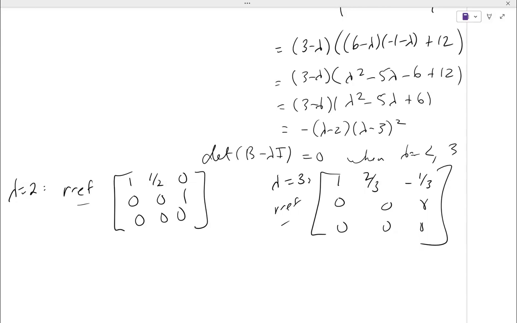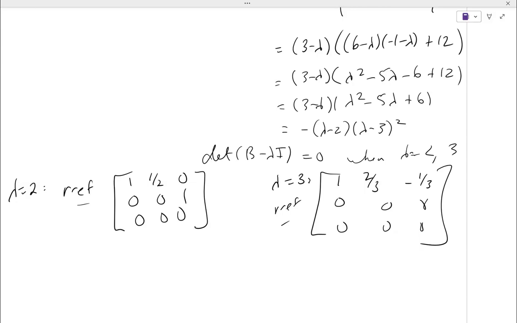All right, so let me flip back over. How many free variables do we have in the first matrix? 1. What was the power on the factor for lambda equal to 2? 1, so it has multiplicity 1. Notice we've got multiplicity 1 for the root and dimension 1 for our eigenspace, because we have 1 free variable.